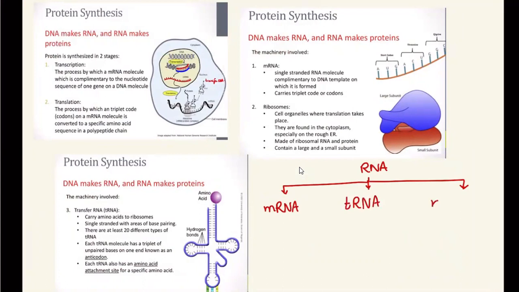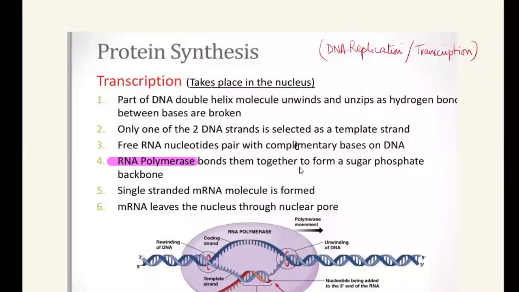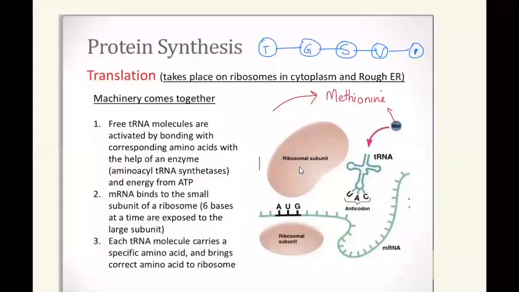And then we have rRNA, and rRNA is nothing but ribosomes. और एग्जाम में स्पेशली MCQs में जरूर पूछा जाता है कि what is the ribosome made up of? We have rRNA. So rRNA makes up the ribosomes, together with some proteins. ठीक है. अच्छा, let's move on. ये भी हमने कर लिया था.